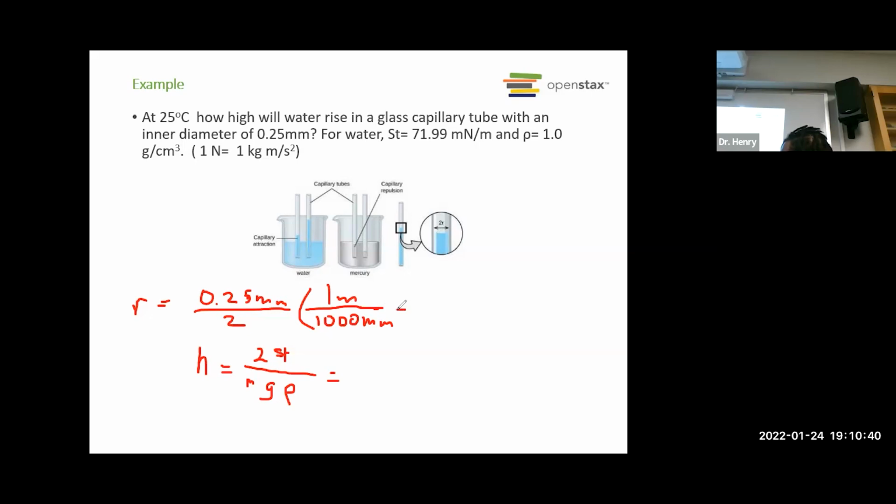So we have what, 2.5, oops, sorry, 1.25 times 10 to the minus 4, I believe. Is that correct? And then we have to change our density.